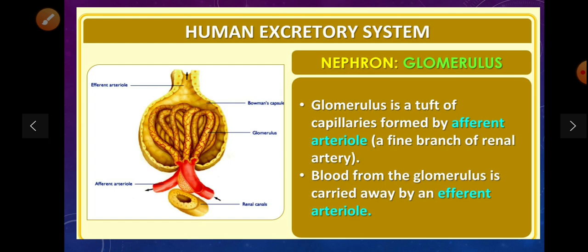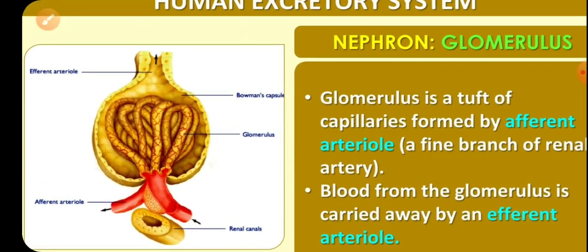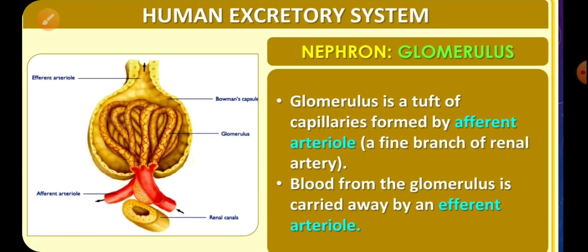Glomerulus is a tuft of capillaries formed by the afferent arteriole, a fine branch of renal artery. Blood from the glomerulus is carried away by an efferent arteriole, that we can see here in this diagram.